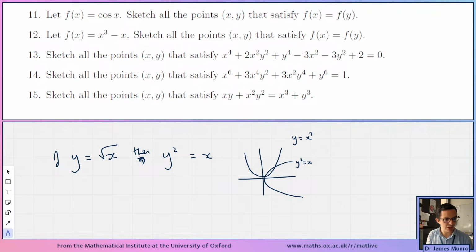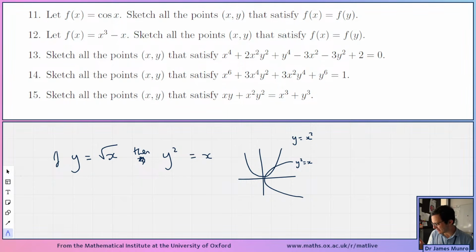Kiba asks about, let's do this first. Kiba says, what does "sketch all the points" even mean? And this is me asking you to draw all of the points, which might form a line in the plane, or maybe a circle, or maybe something else, to draw all of the points, which is what you're always doing when you do curve sketching.